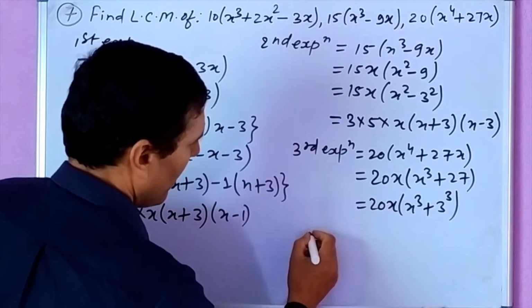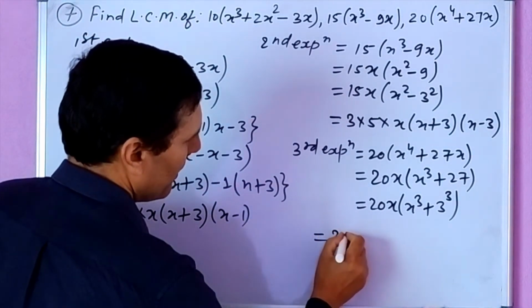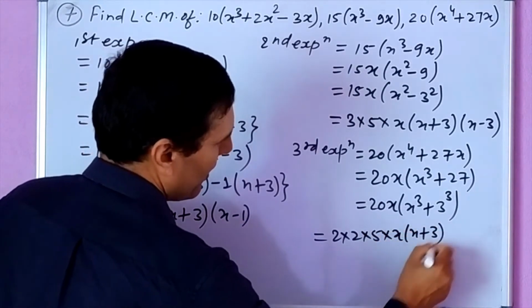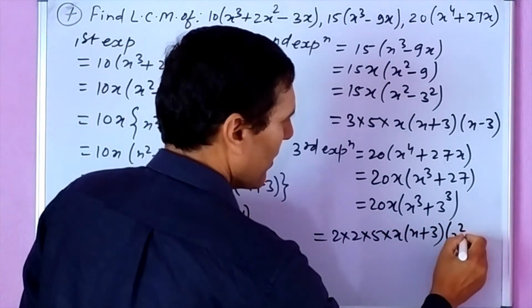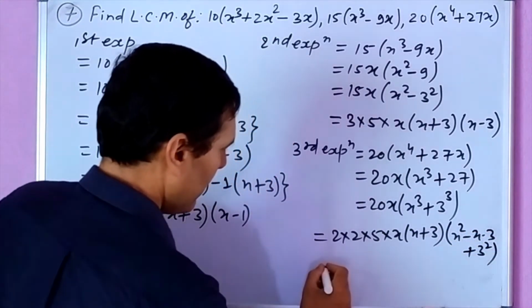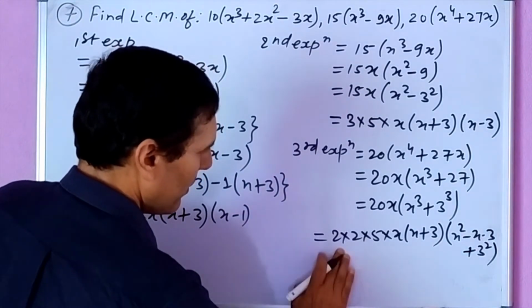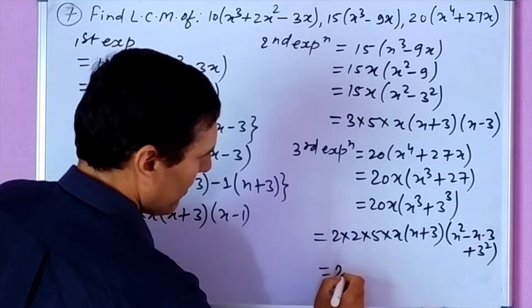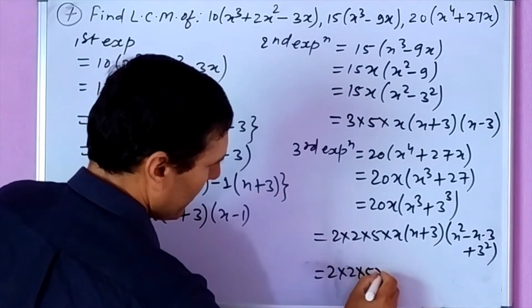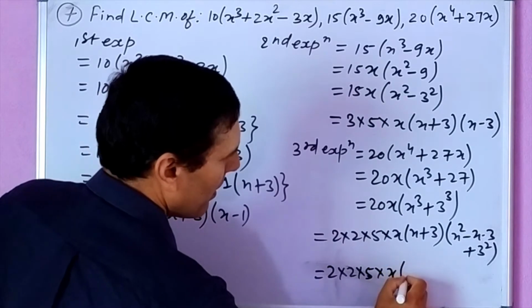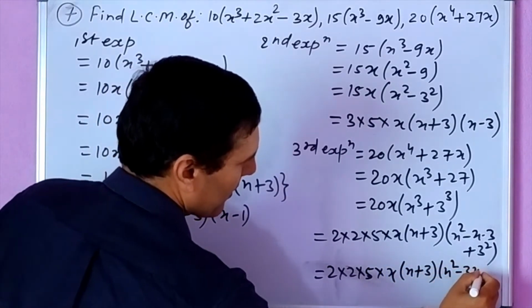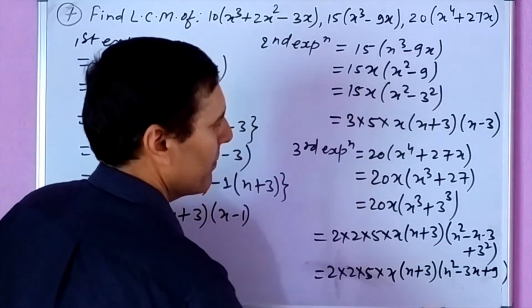So what do we get? For this 20 also we can write 2 into 2 into 5 into x plus 3, x square minus 3x plus 9.